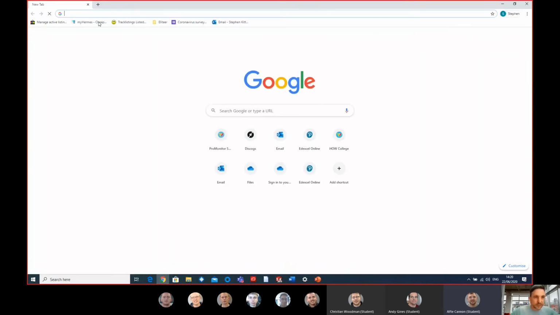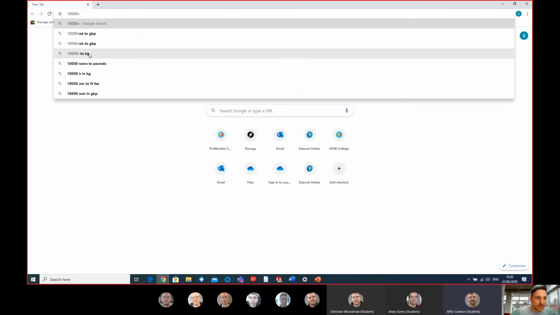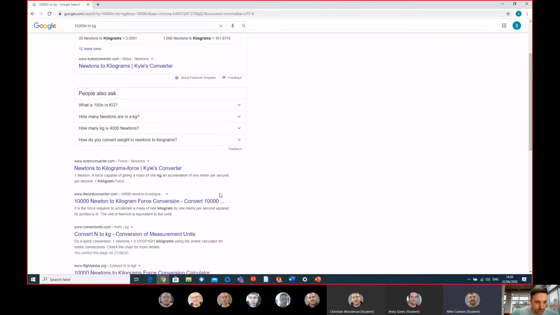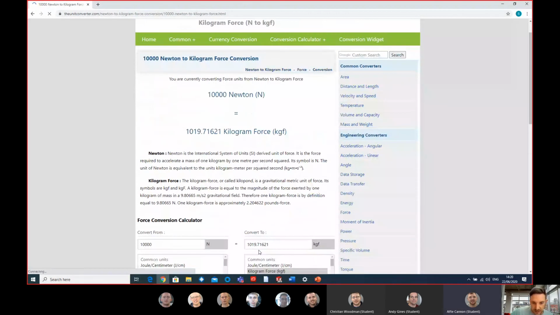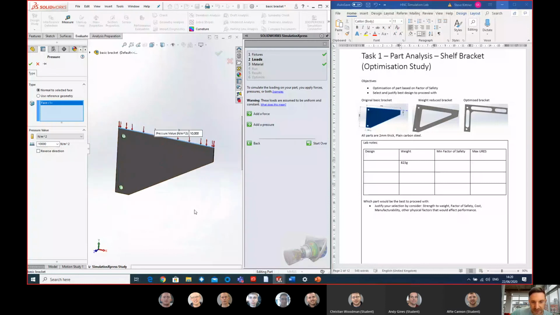Any idea? Let's just quickly look. So 10,000 newtons into kilograms is about 1,000 kilograms, so just over a ton. Okay, so that should be quite a nice sturdy bracket.